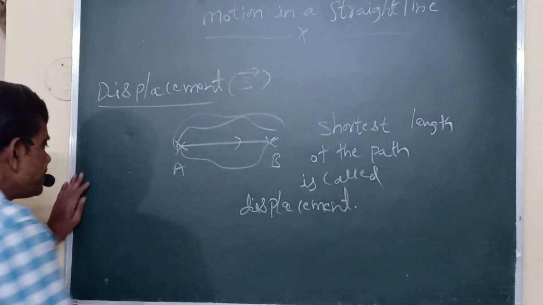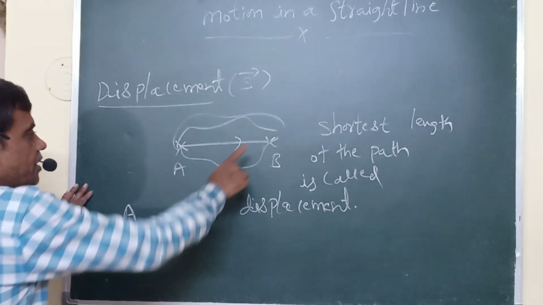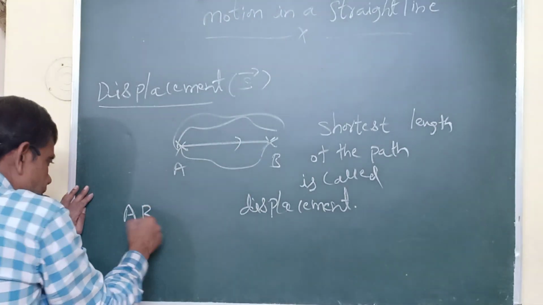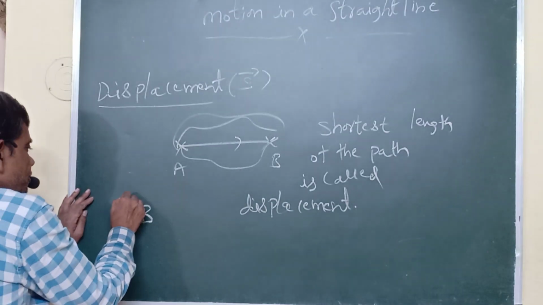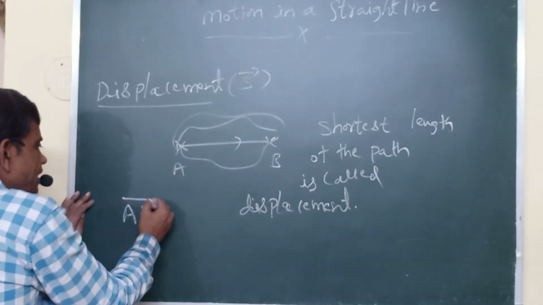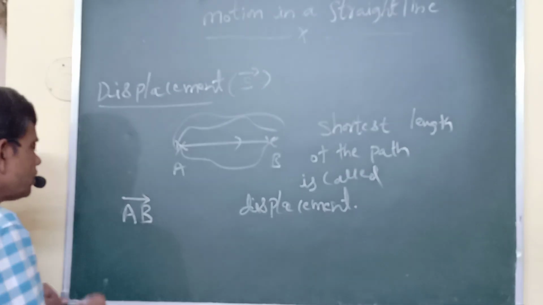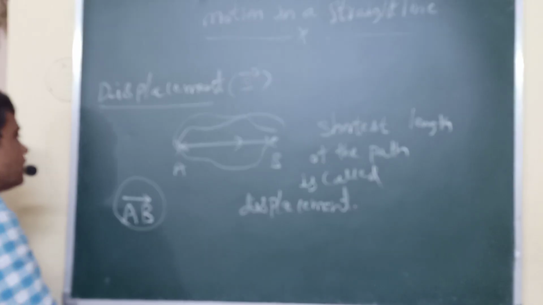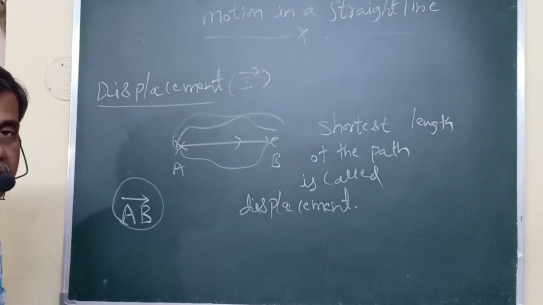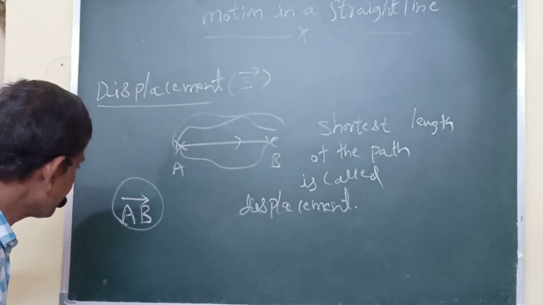It is starting its journey from position A and stopped at position B. So from position A you put a dot, up to position B, where it stopped, there you give an arrow mark. This is the representation of the displacement, so that is called a vector.